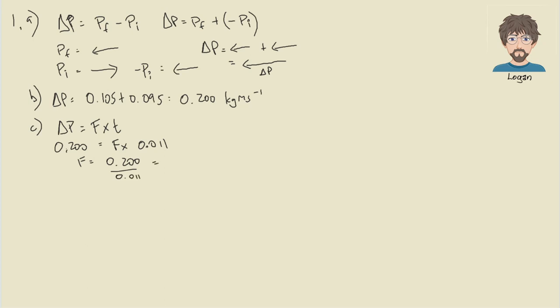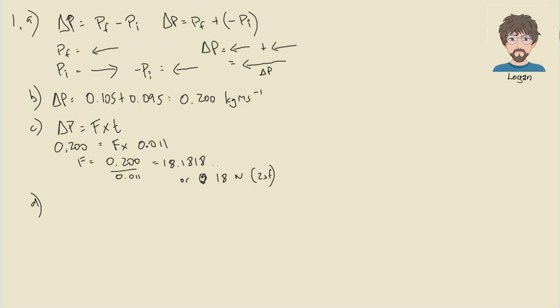You'll notice that every time I write down the equation before I attempt to plug things in, that helps to cement the equations in your memory. And what I want to do here is round it to the right number of significant figures. In the problem we've got 3 significant figures for one, mostly 2 significant figures, so we'll go for 2 significant figures. 18 newtons to 2 significant figures.